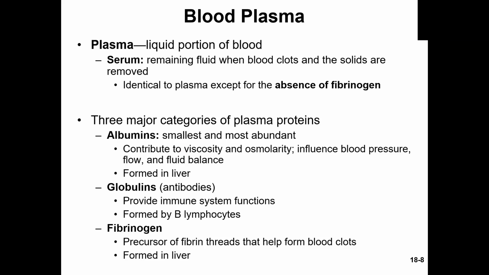They provide, and I'm fairly certain we're all aware of this, immune system functions, and they're formed by the B lymphocytes. And then there's the fibrinogen that we mentioned. This is a protein that is formed in the liver, but will circulate within the plasma and be ready to do any work on blood clotting that may be required.